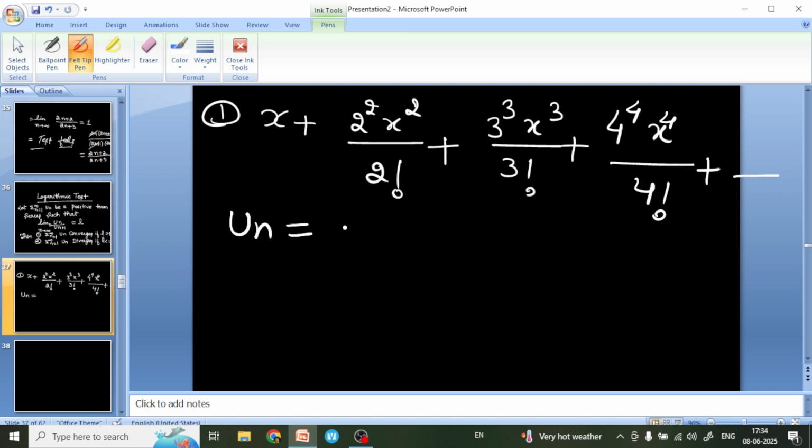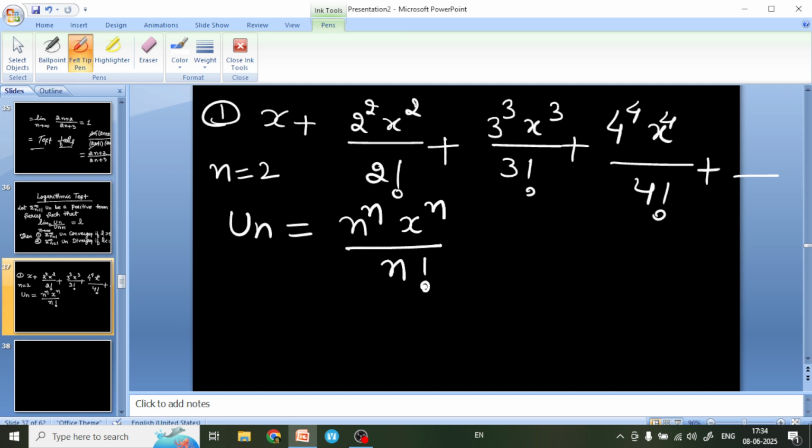First of all, un n is taken as 2 and n raised to power n, and here we will take x raised to power n over n factorial.